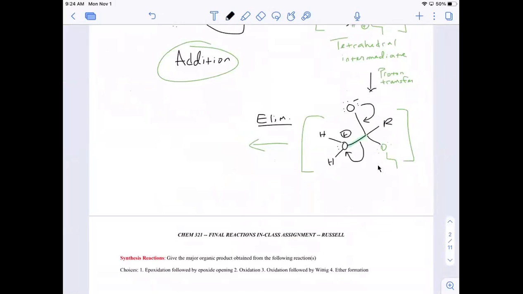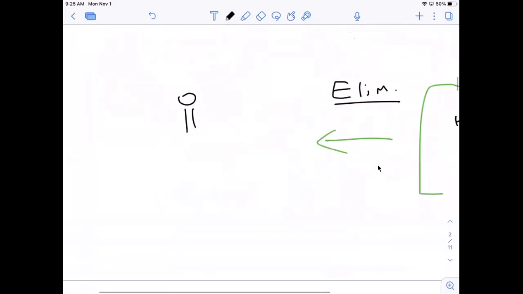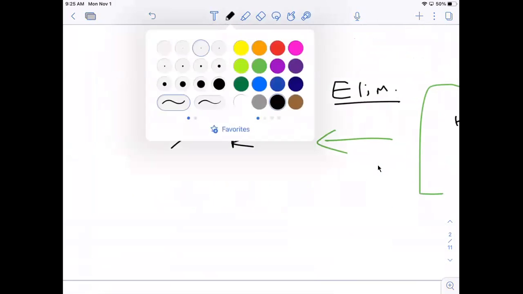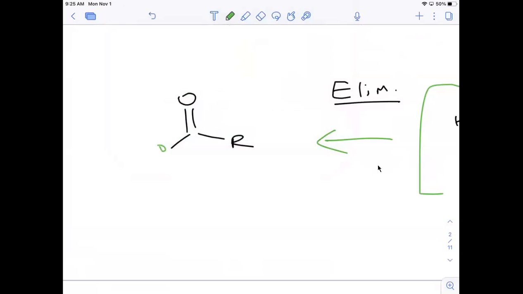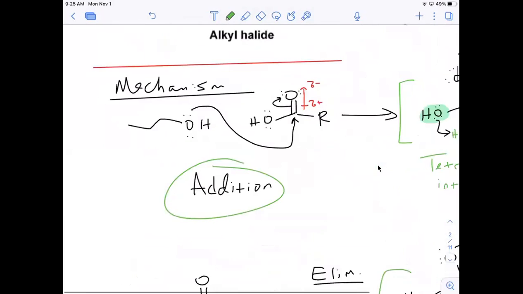Right. So then I end up with my carboxylic acid ester that looks like this. Well, this is R. And this is the alcohol that I added in. Let me change the color up here too.